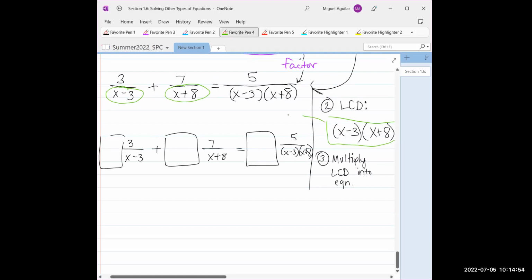Then I put my LCD, x minus 3 and x plus 8, and multiply it into the equation, once for each term.